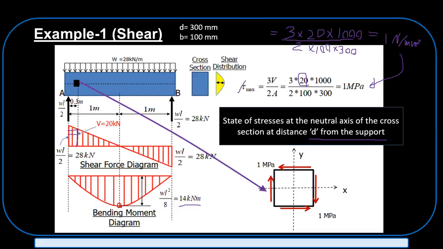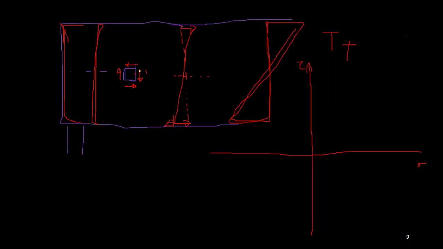Shear is maximum closer to the support, right? So this is the maximum shear stress on this element, that is 1. And the normal stress is 0.